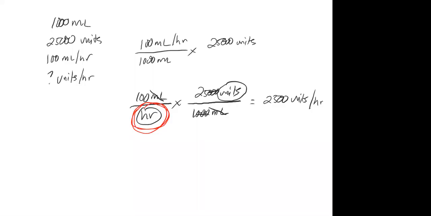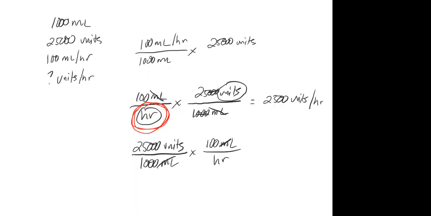So on the YouTube videos, what I most likely did is I wrote this in the opposite order. I wrote it out like this. I said 25,000 units per 1,000 mL because I wanted the units, and then I multiplied by the flow rate. But basically, I'm saying the same thing. I'm just reversing the order when I do that.